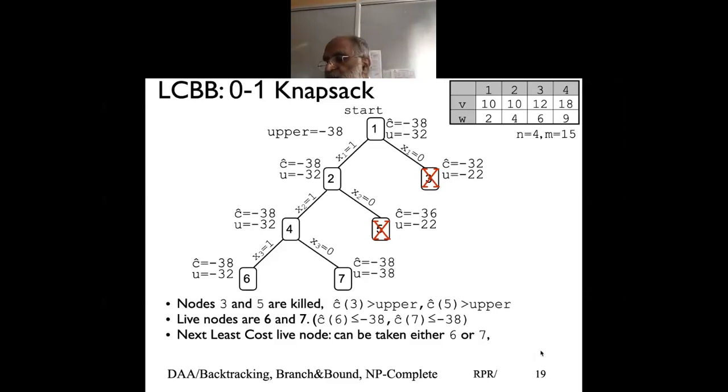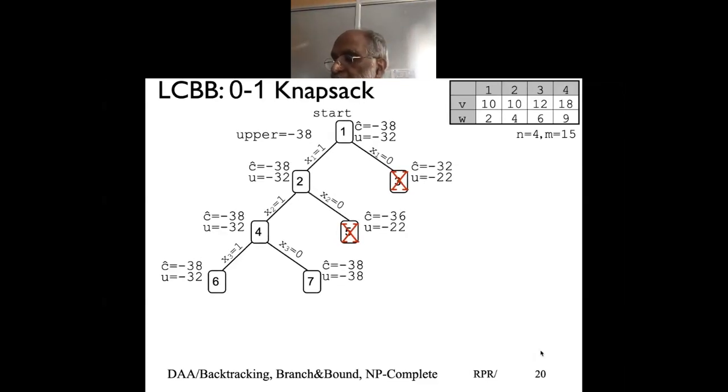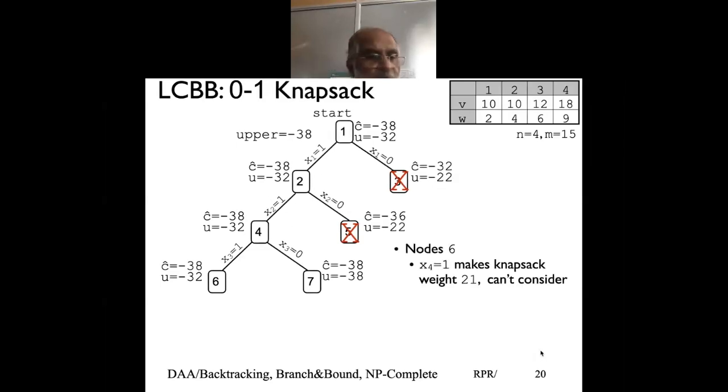Let's explore with node 6, and again we'll follow x4 is equal to 1 and x4 is equal to 0. Thus we get node 8 and node 9. For x4 equal to 1, that means all the items are included.